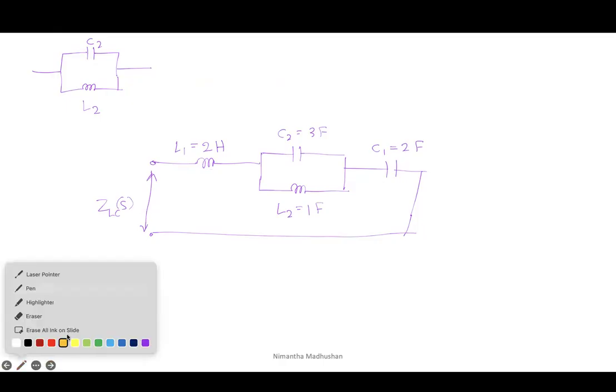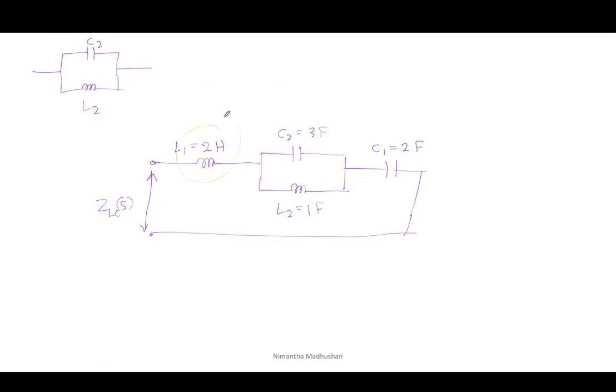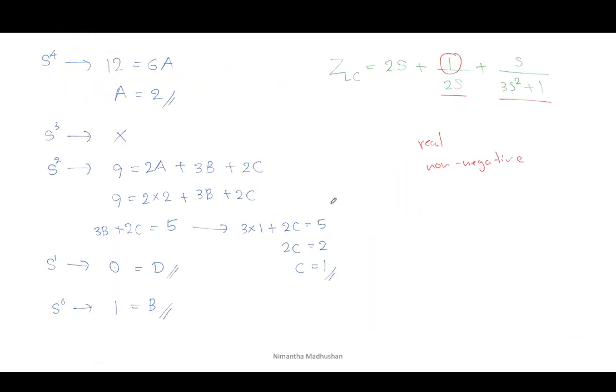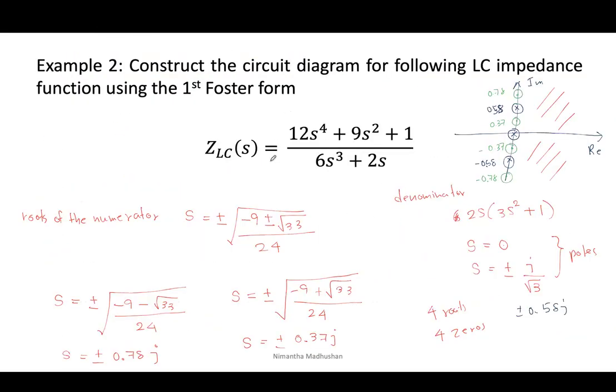This one is Z1. These two components are Z2, and this one is Z3. These are connected in series. That is the final answer of this example.